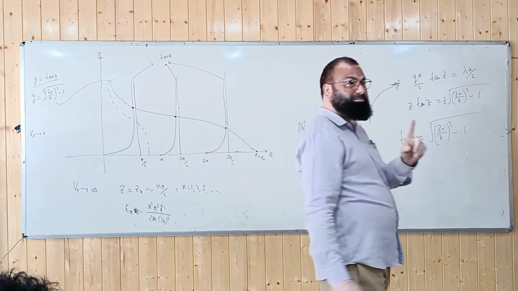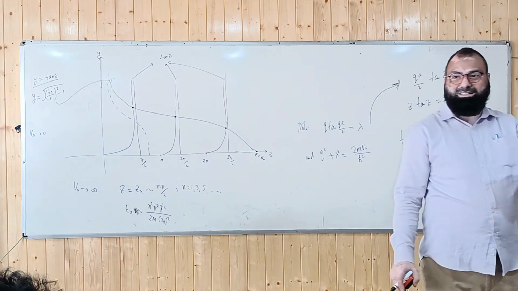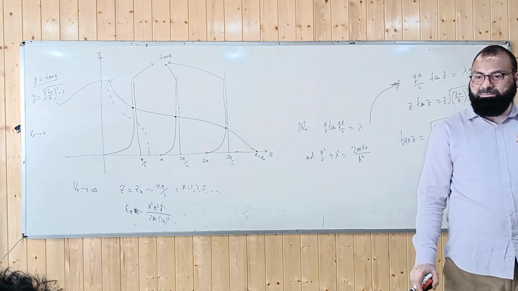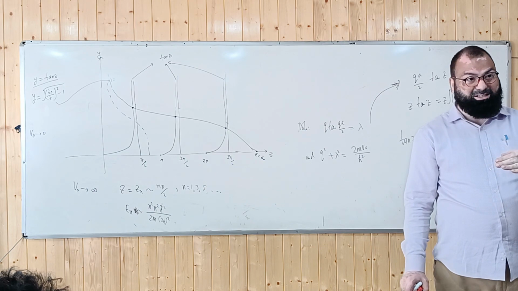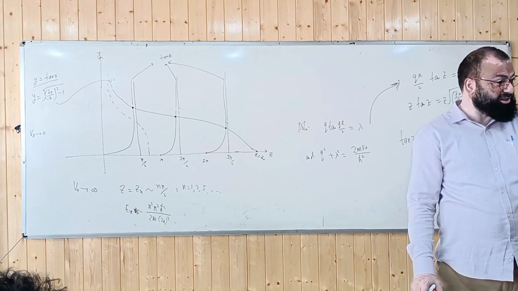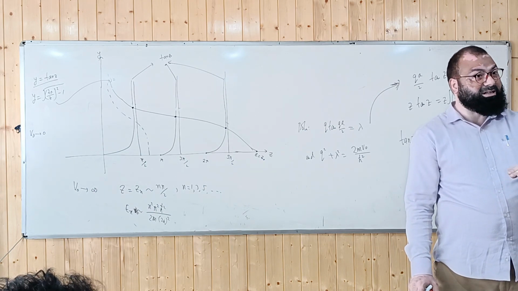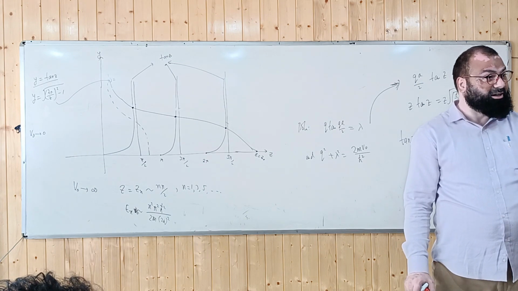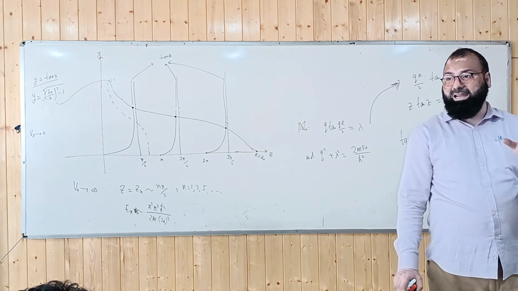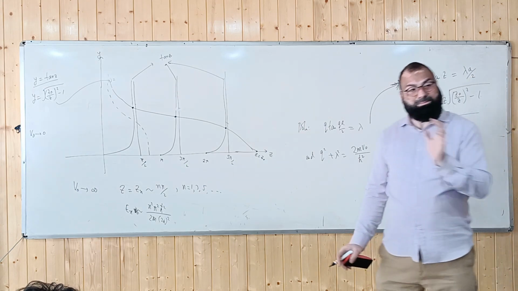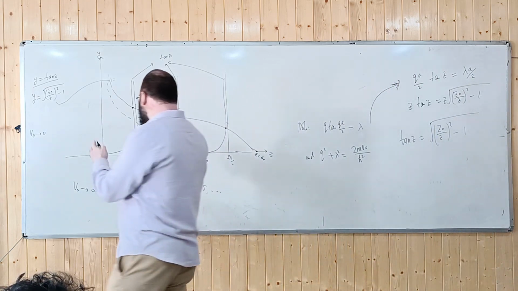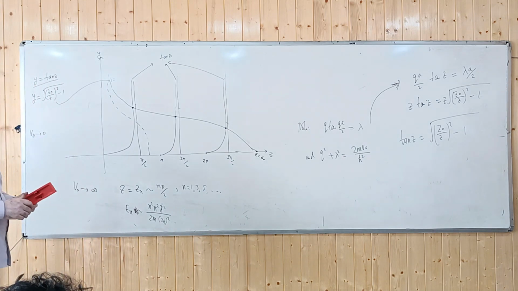Because if you are having many states in a given problem, the ground state is always a parity even state. For a parity even potential, the ground state is parity even, and the first excited state is parity odd. But if only one bound state exists, it should be parity even, and the parity odd states will go. So this is how we calculate the bound states from this potential.